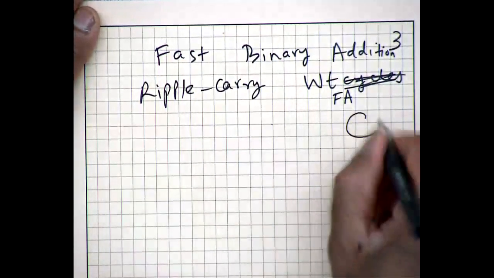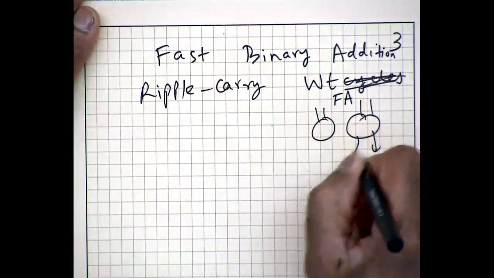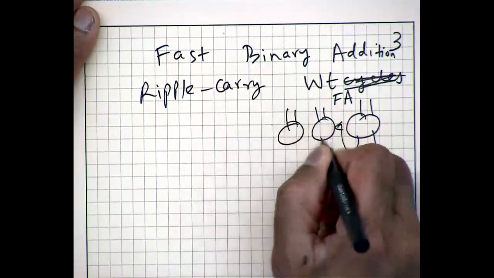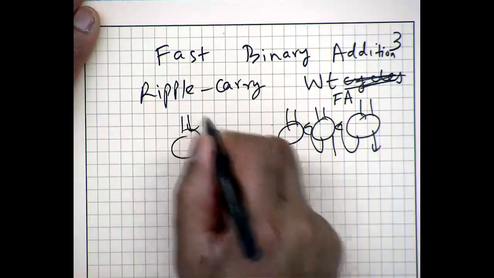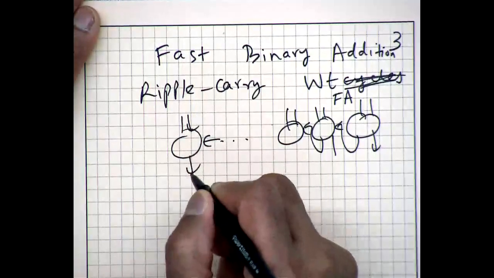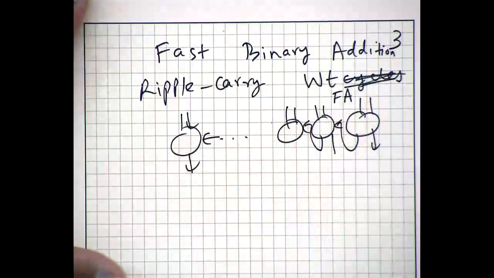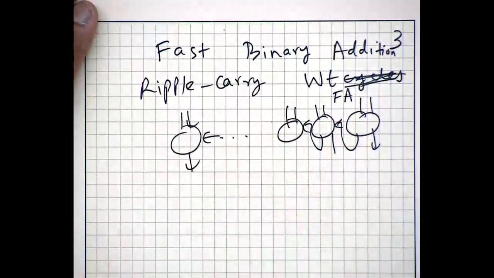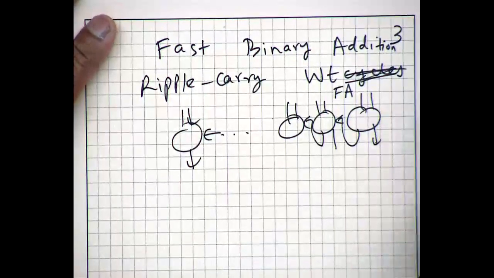So if I take A, B, and sum and carry, and keep rippling all the way to the final sum, if the word length is W, that's going to be W times the full adder delay. Okay, so that's the typical ripple carry adder.